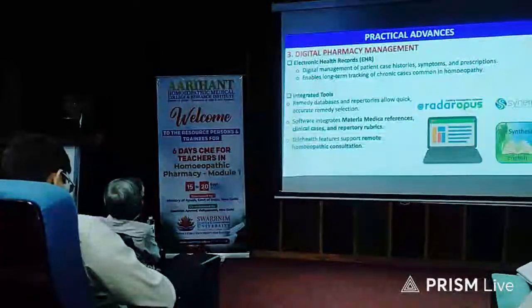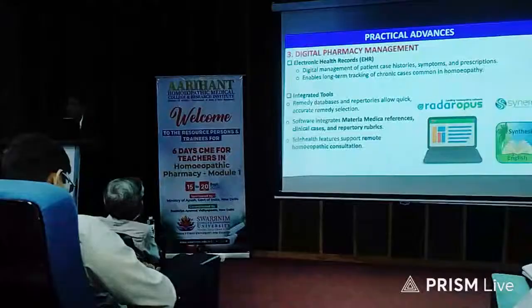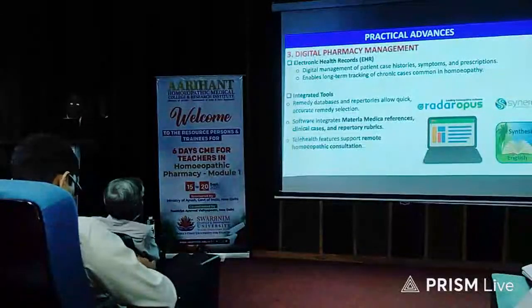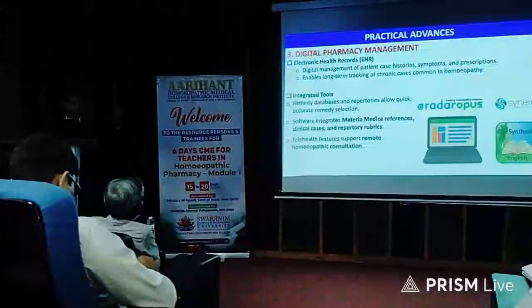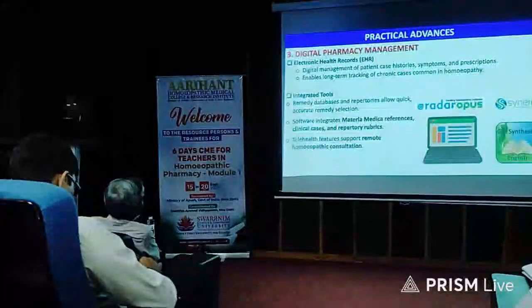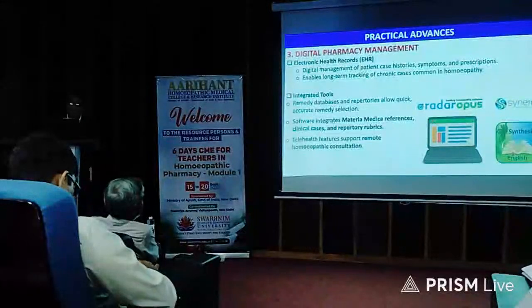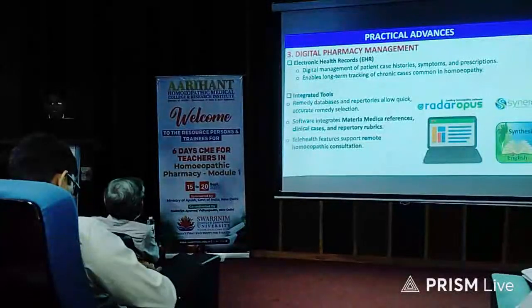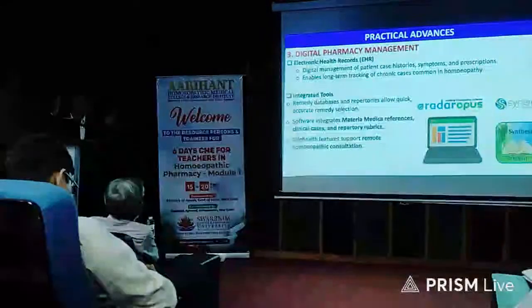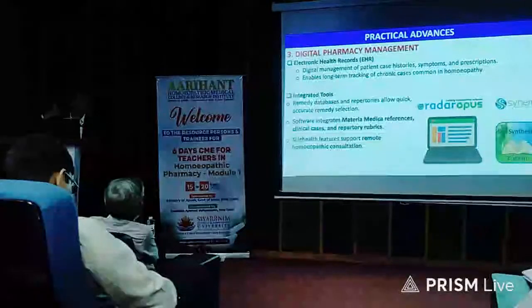They are ready and available whenever we require, right? That can be shared, that can be utilized, that can be uploaded to the international websites where we can have the authentications, right? Enables long-term tracking of chronic cases common in homeopathy. So more we are dealing in chronic cases, so that also enables us to track wherever we want, right?